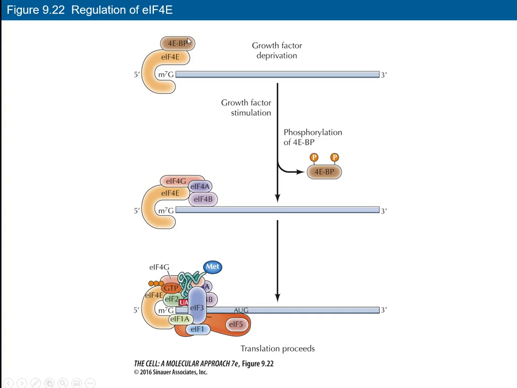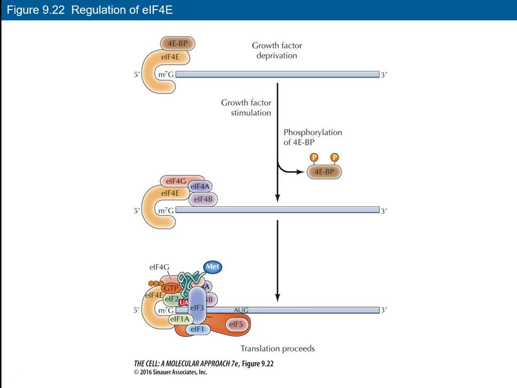However, if there's enough growth factors in the extracellular environment, what will happen is that it will lead to phosphorylation of this, which will then cause some sort of conformational change and release it. And once that's released, as you can see here, now all the other initiation factors can come in and translation will proceed, okay?